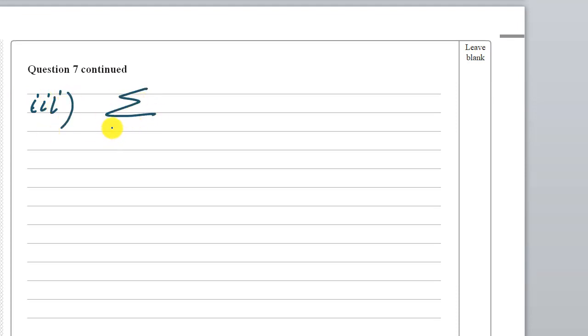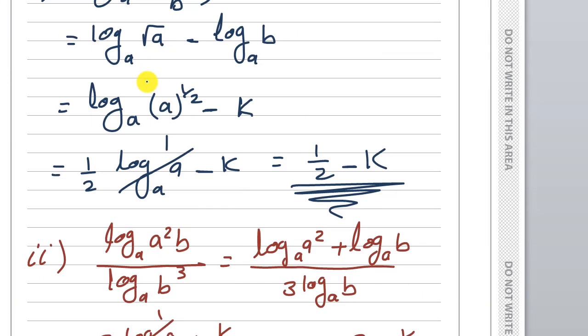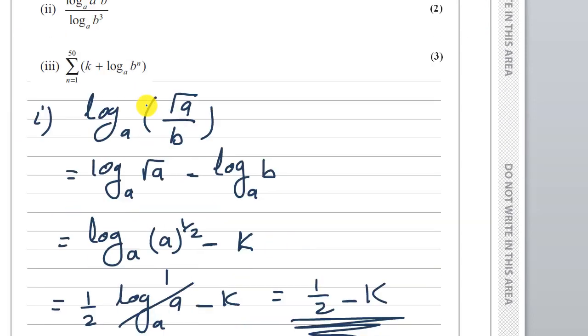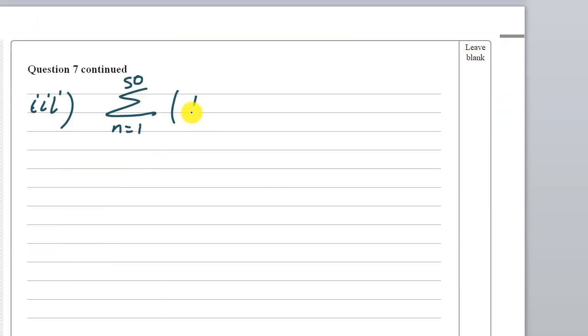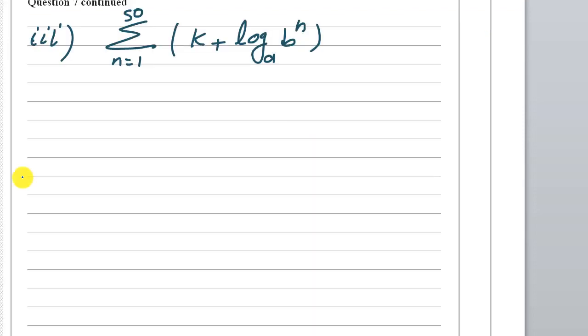So summation from n equal to 1 to 50 of k plus log a b to the power n. Let us start to make this summation. This is k plus k plus k from 1 to 50, so it's 50k.